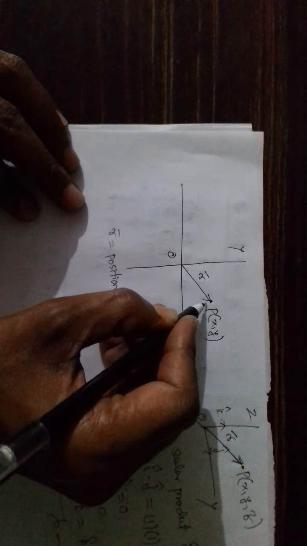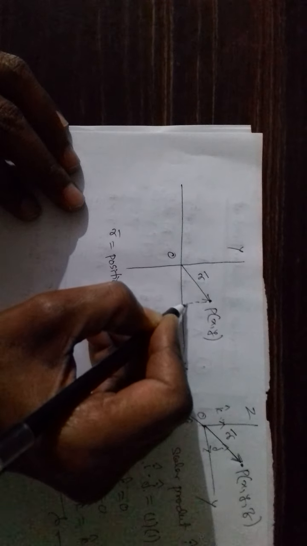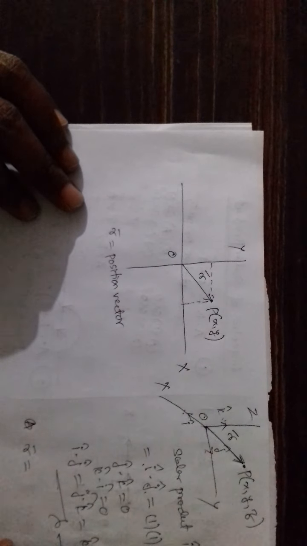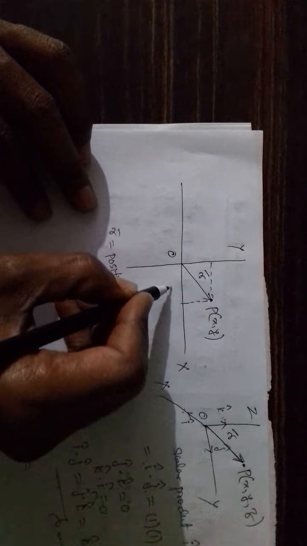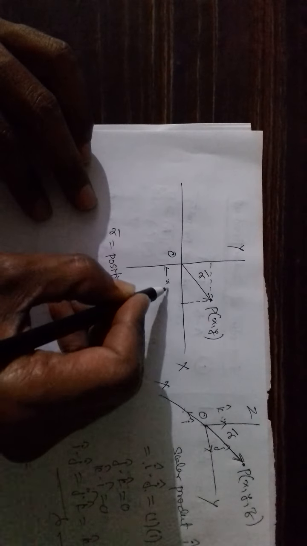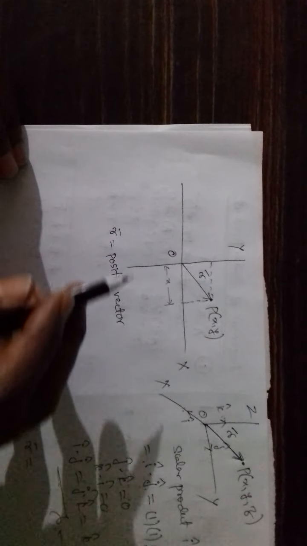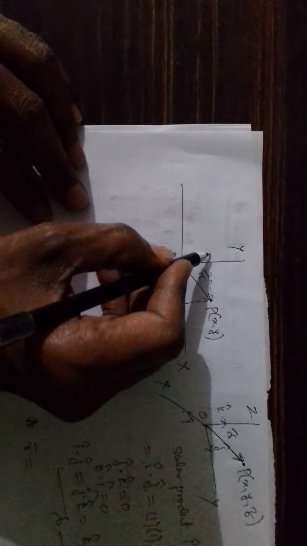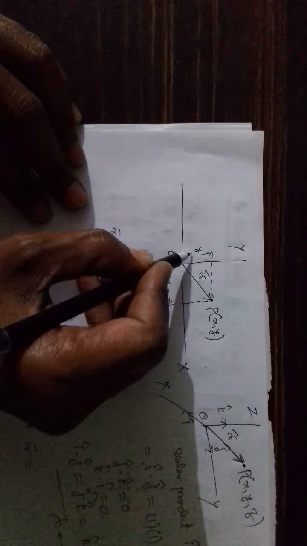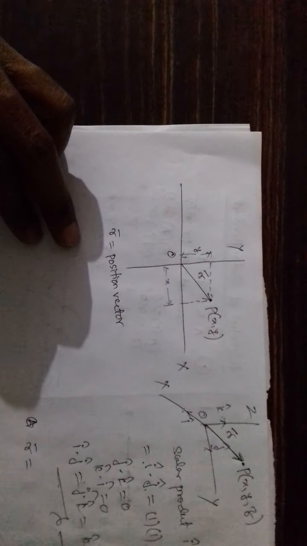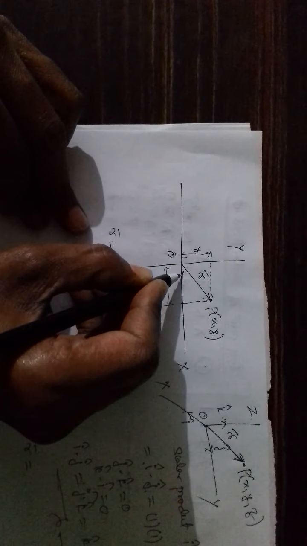Now here you draw perpendicular onto x-axis and onto y-axis. X-coordinate means what? Distance along x-axis. The point is at a distance of x units along x-axis. Similarly, the point is at a distance of y units along y. But here, along x-axis the unit vector is represented by i.